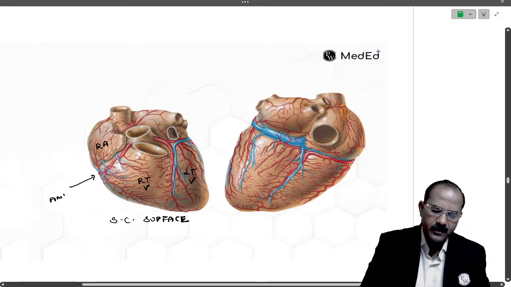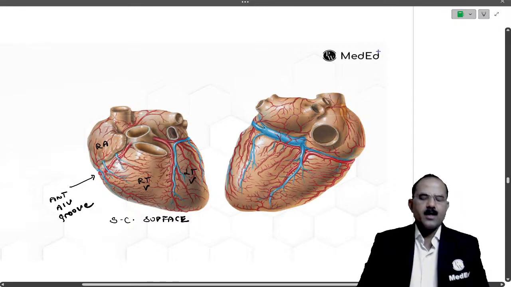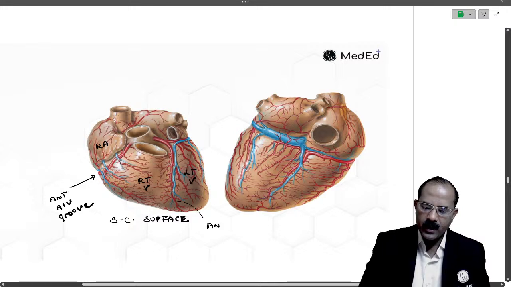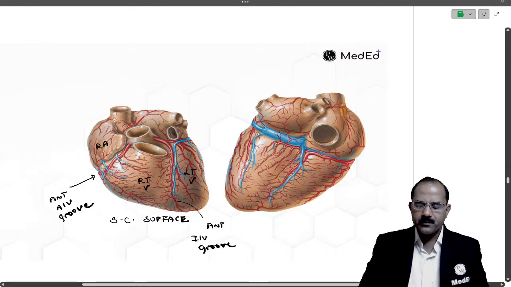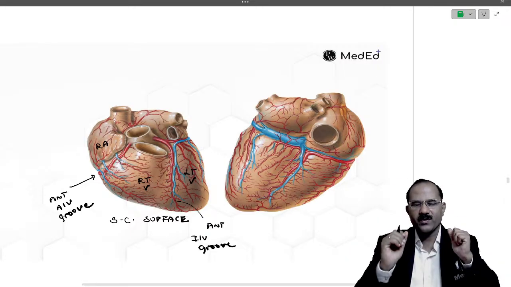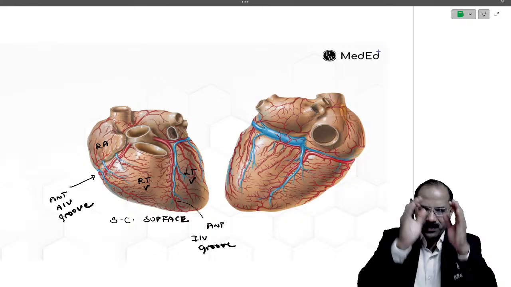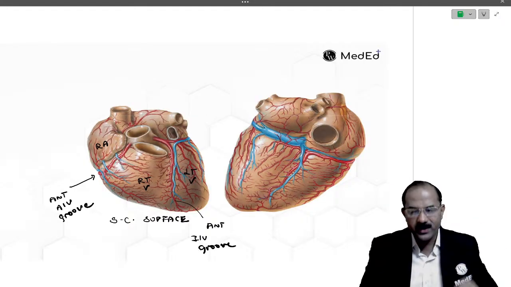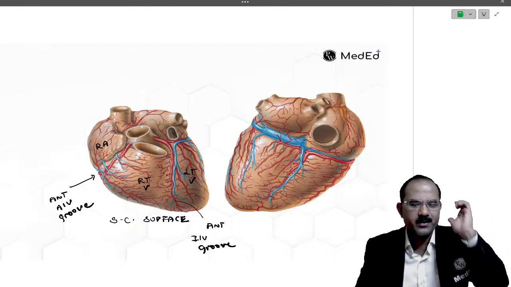This is the anterior atrioventricular groove. And what is this groove known as? This is the anterior interventricular groove. So 3 chambers, 2 grooves on the sternocostal surface: the right atrium, the right ventricle, the left ventricle. The grooves, the anterior atrioventricular and the anterior interventricular groove.